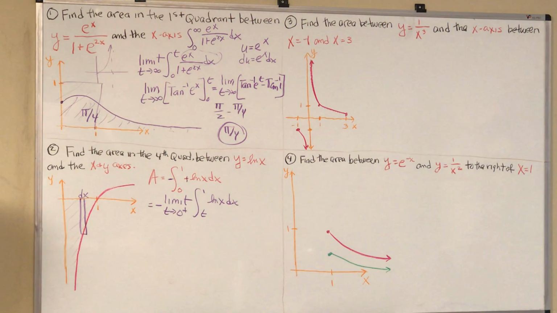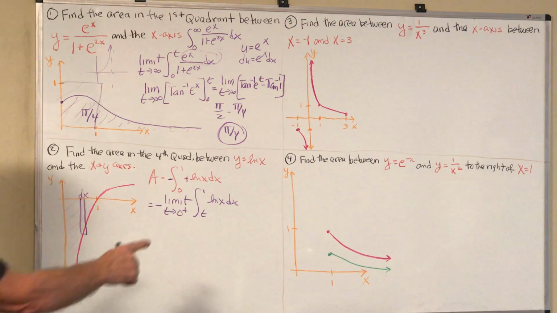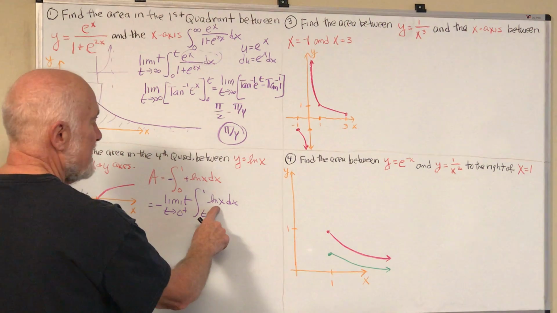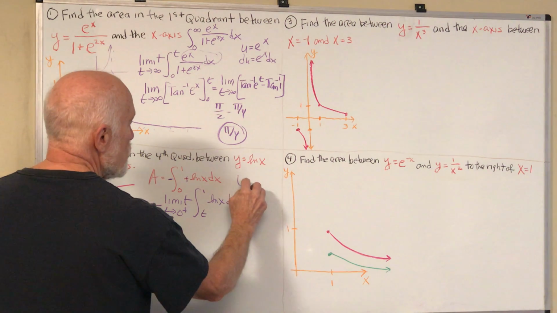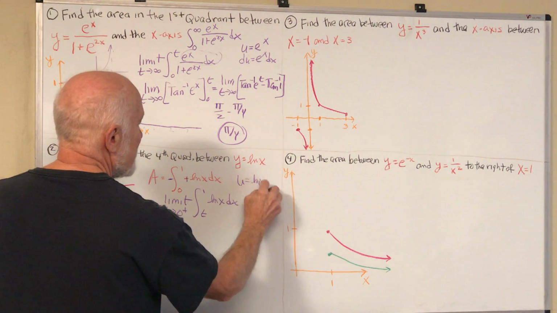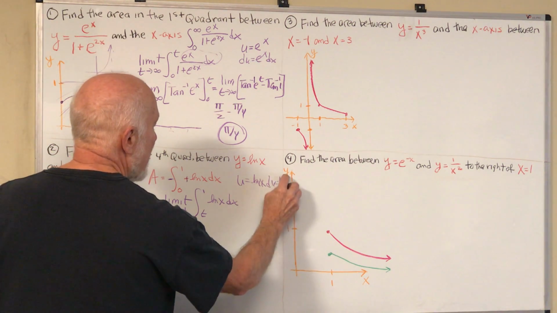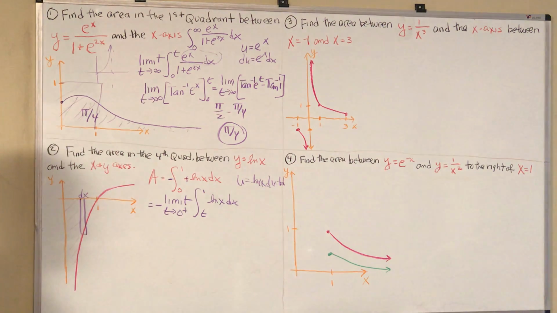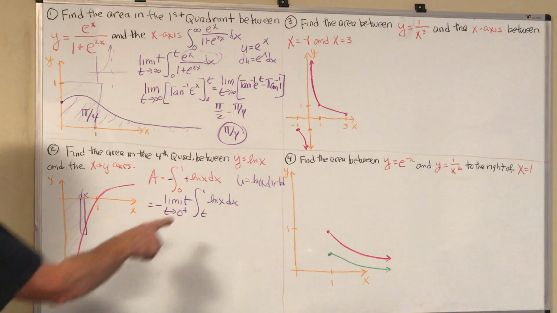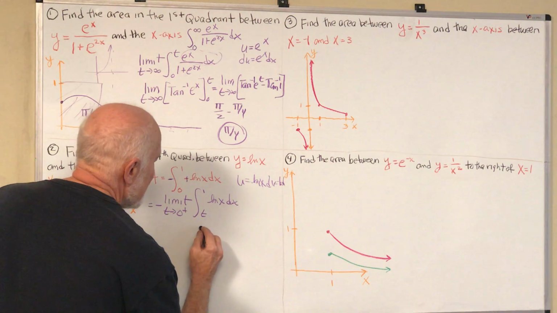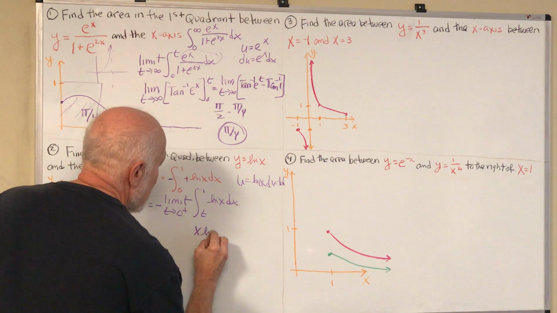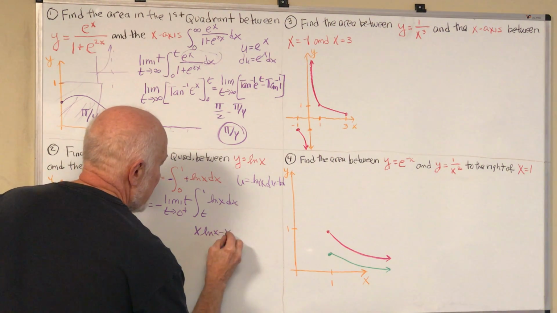Well, if you remember back when we did integration by parts, we had to do this by letting u equals the natural log of x and dv being 1 dx. And we found that the answer to this is x natural log of x minus x.